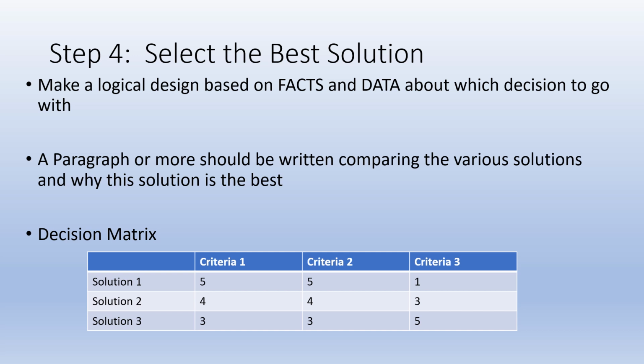Now, obviously, in 7th grade, you had your choice of whether you wanted to use that particular solution that was rated the highest or not, but you didn't have to, right? But that's typically, if the decision matrix is saying you should go with the solution, you probably should go with the solution, but you didn't have to, okay? But in step number 4, this is where that decision is made on why you're going with that decision.